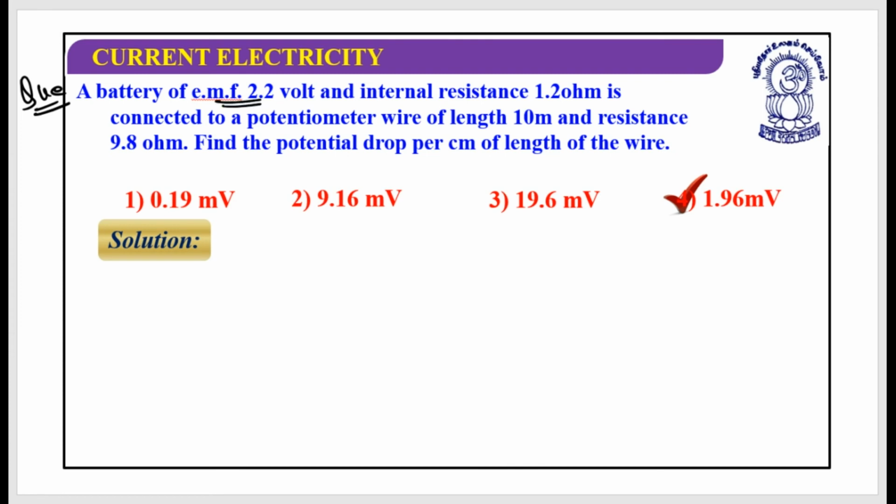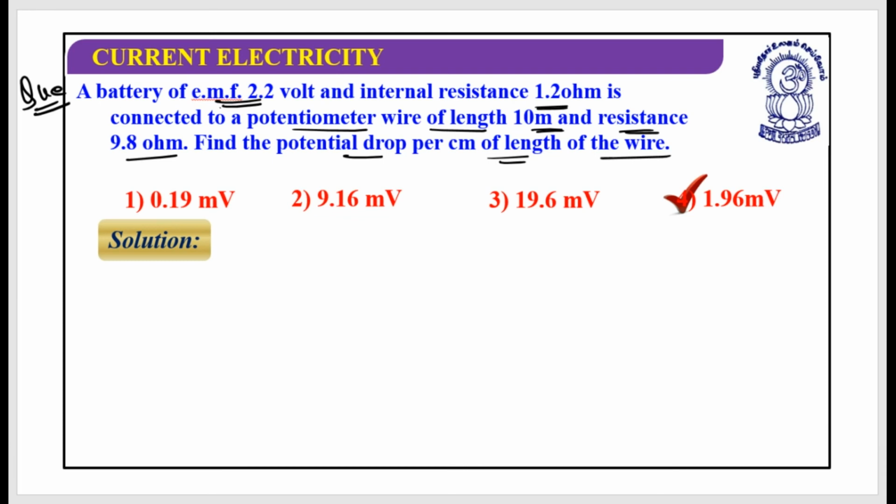It says a battery of EMF 2.2 volt and internal resistance 1.2 ohm is connected to a potentiometer wire of length 10 meter and a resistance of 9.8 ohm. Find the potential drop per centimeter of length of the wire. Okay, so let's have a sketch of it.